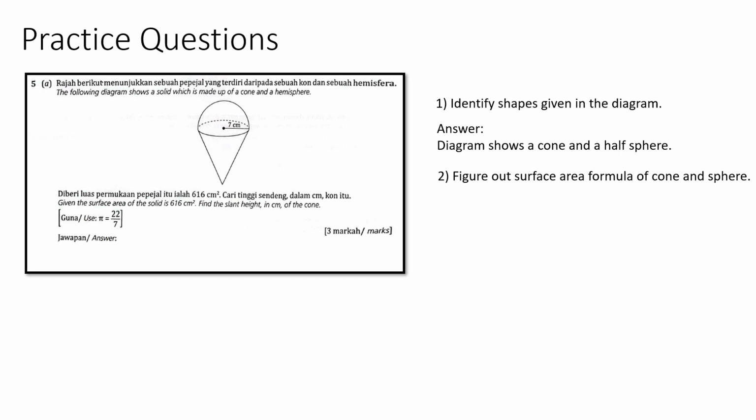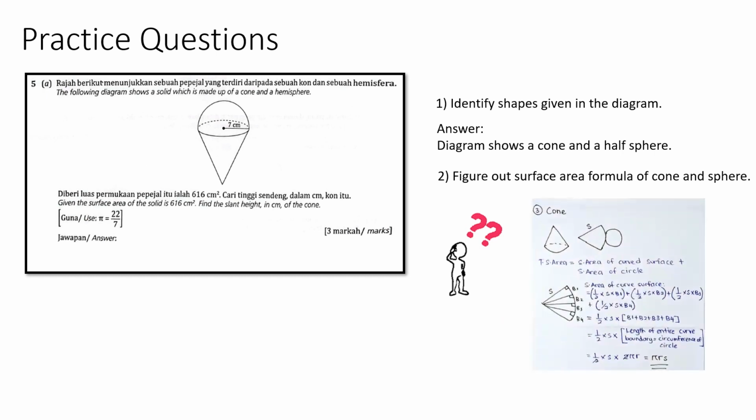So second, we need to know the surface area formula of cone and sphere. What is the surface area formula? As for the cone, after we derive everything, finally we will get the answer as pi rs plus pi r square.